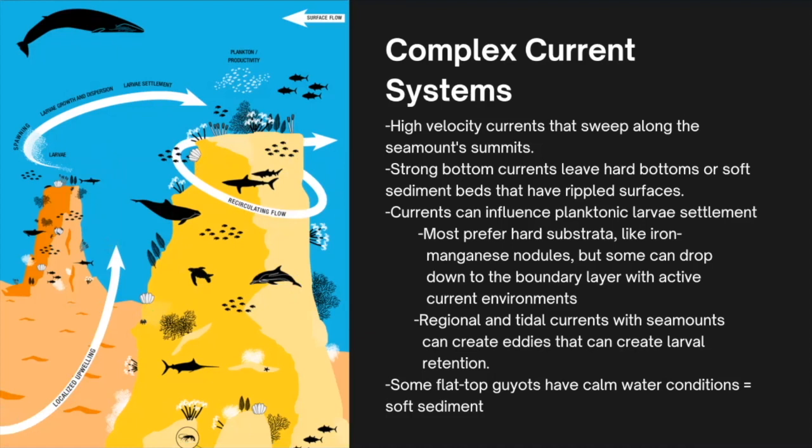And when it comes to larvae growth and dispersion because of the currents, we can see that the spawning happens towards the top, and it can spread across. This is important because seamounts help create a lot of plankton activity, which can help feed other bigger organisms that eat the plankton.